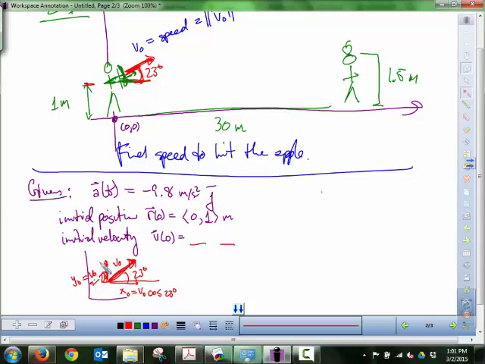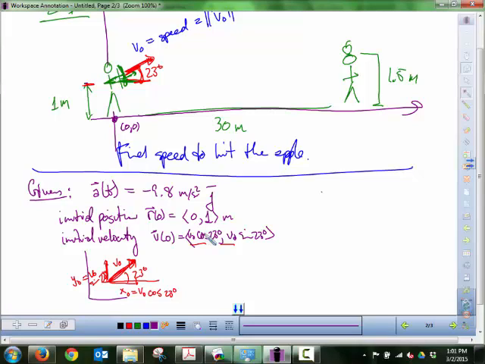And so that is going to give us our initial velocity. So it's going to be v naught cosine 23 degrees, comma, v naught sine 23 degrees. Then we can figure that out, I guess, numerically towards the end.